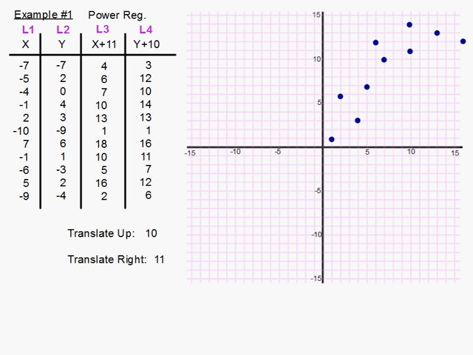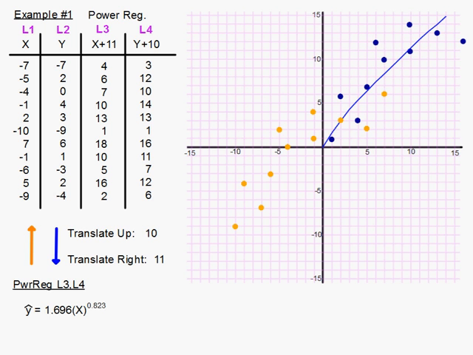And now we can do our power regression with L3, L4. Gets us that equation, and of course what we're going to have to do is translate that equation back to the original data by going in the opposite direction that we transformed the data in. All right, there's our original data.